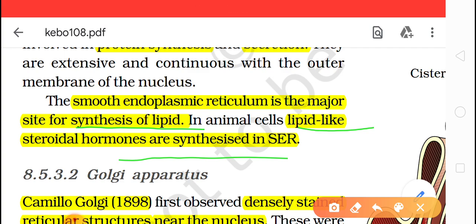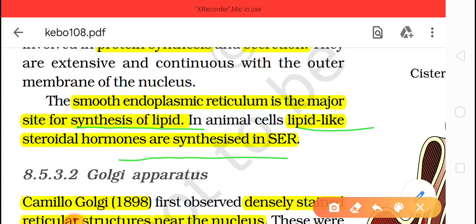Okay, clear about RER and SER? RER helps in protein synthesis, and SER helps in synthesis of lipids, and also in animals, they synthesize steroidal hormones. Okay, this is about endoplasmic reticulum. These are tiny tubular structures that are scattered in the cytoplasm.